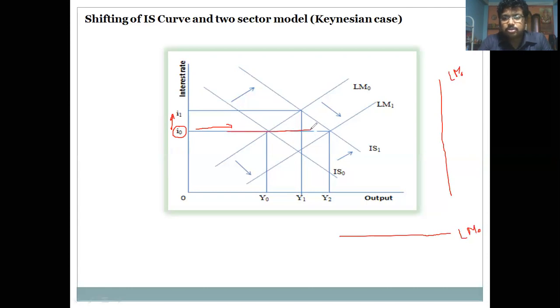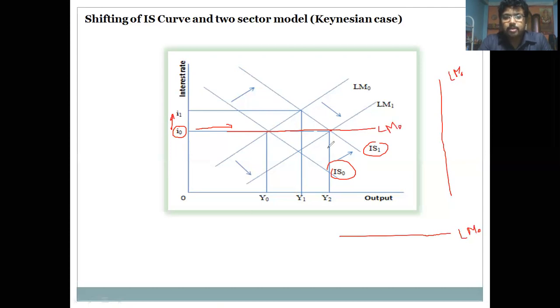Suppose this is the LM curve. And we get a shifting of the IS curve from IS0 to IS1, and we get this point. This is the LM0.